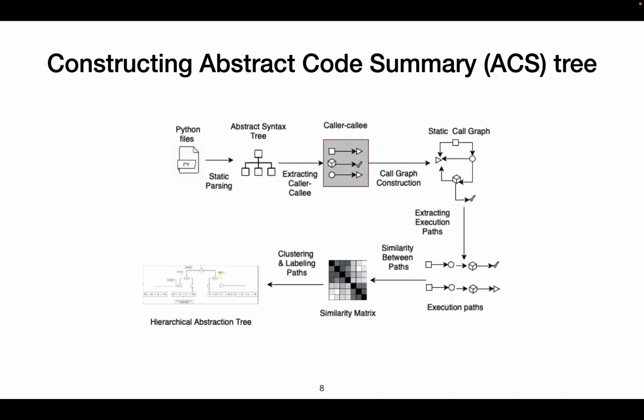So we started from what we have in the literature and did some steps, added some steps and modified some steps to make a new tree. We call it abstract code summary tree, and the benefit of it is it is usable in daily coding activity compared to the other related proposed techniques.